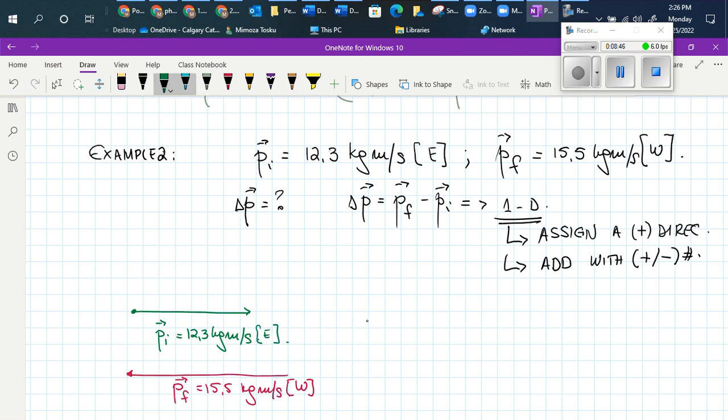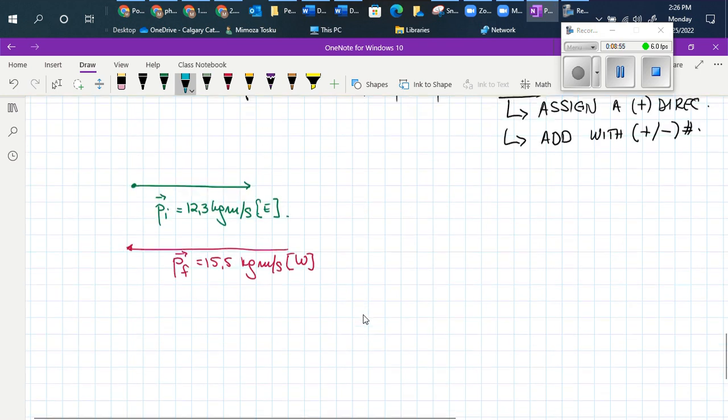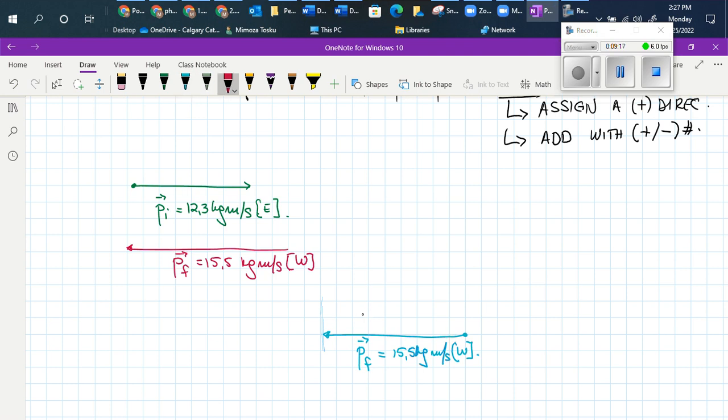If we are drawing the vectorial difference of those two vectors, then we'll start with P final, being 15.5 kilograms meters per second going west. And if we were plotting the positive momentum initial, we would have gone in this direction. So this will be positive P initial.